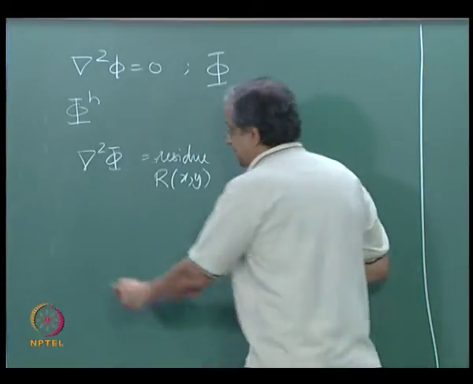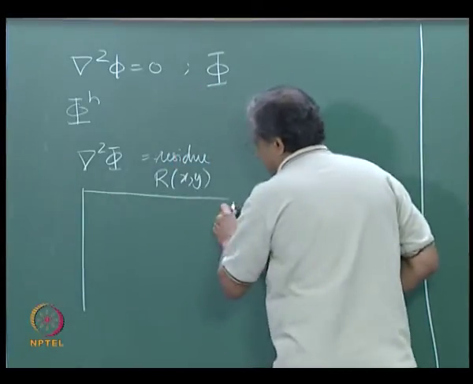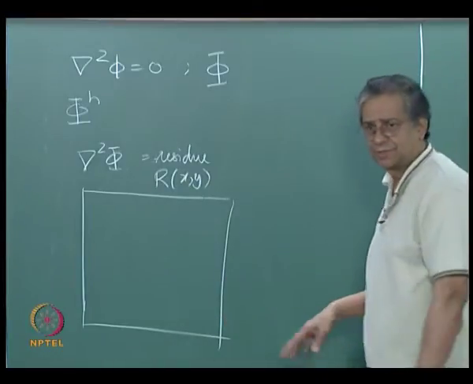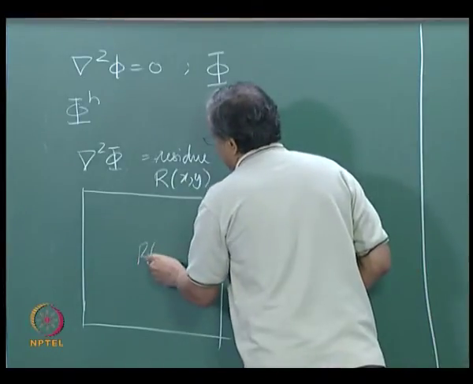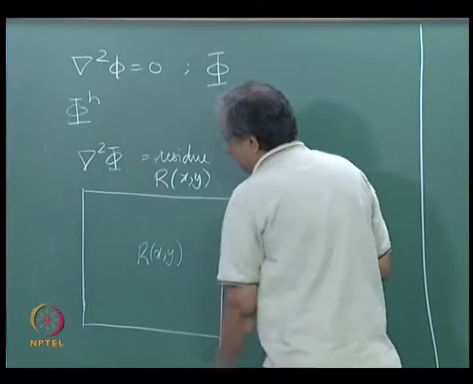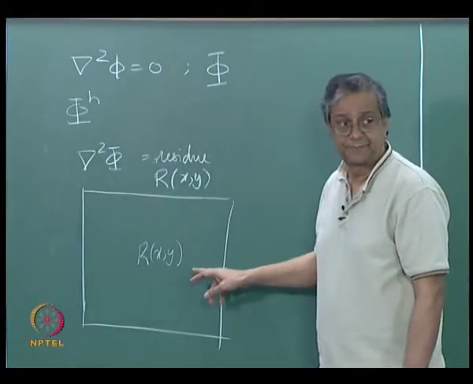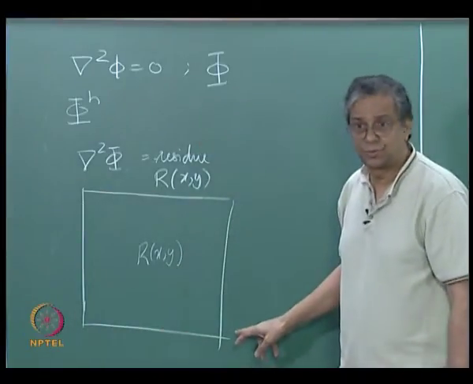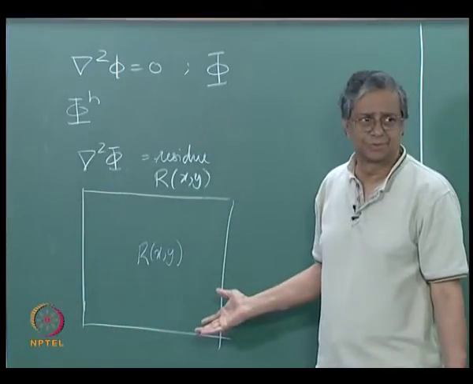Now the residue, of course, if you have a domain, we have been taking a square domain so far, so the residue R of xy is defined within the domain, right. On the boundary, capital phi and little phi satisfy the boundary condition, therefore the residue is 0, okay.